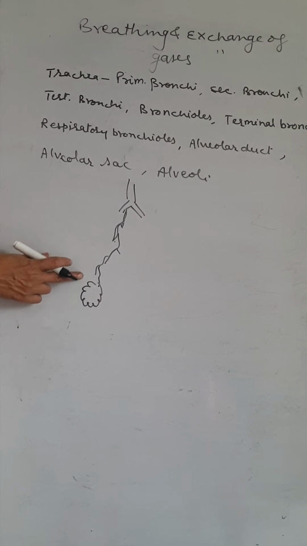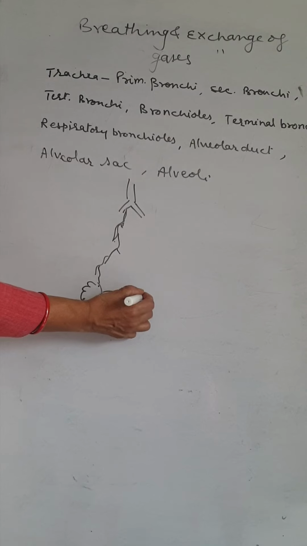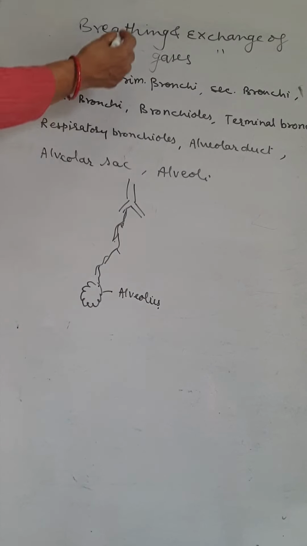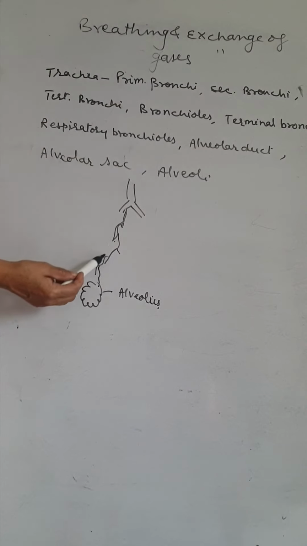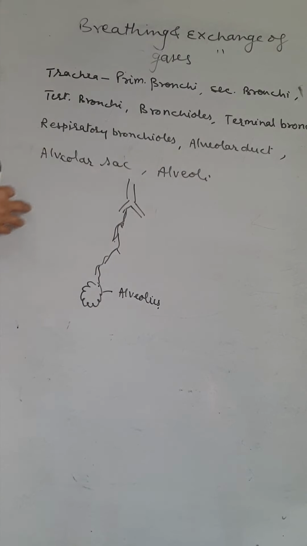The alveolar sac consists of many alveoli, or alveolus in singular. The air enters through the nose, pharynx, larynx, trachea, and finally enters the alveolus. These are the conducting zone, the passage of the air, and the air reaches the alveolus where the exchange of gases takes place.